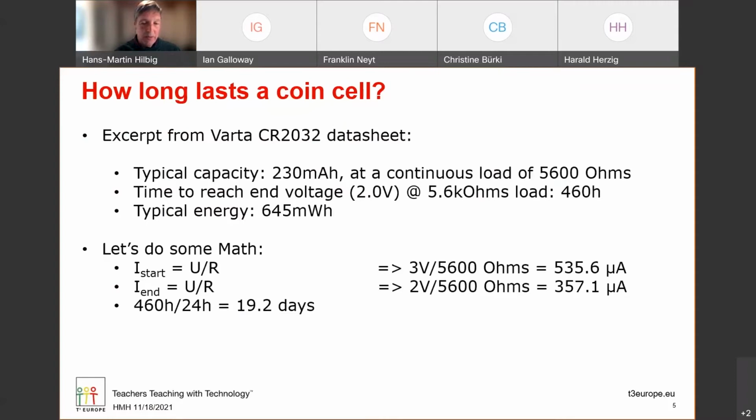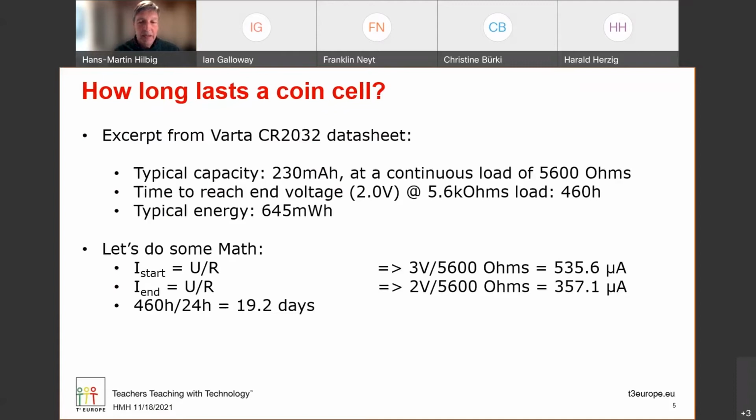And we say, okay, if we want a 19.2 day lifetime of this coin cell, we are only allowed to draw half a milliamp, or 535 microamps to be more precise, at least in the beginning, to come to this 19.2 days of lifetime for the coin cell.